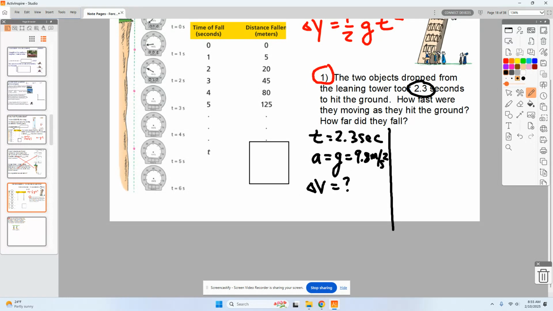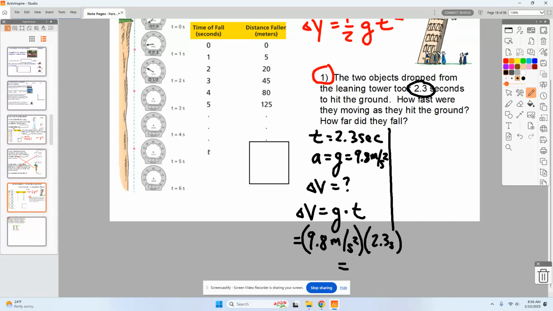I'm going to use the version of the equation from the previous slide. Delta V is equal to G times T. I take that 9.8 meters per second squared and multiply that by 2.3 seconds. For some of these, you're going to need a calculator.